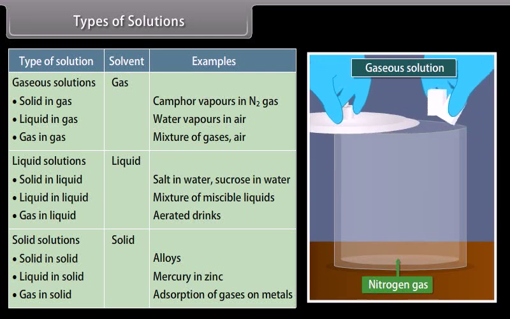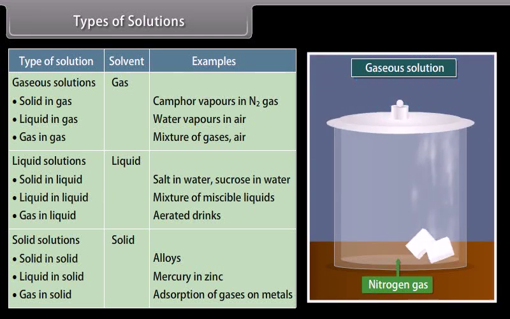They are categorized as follows: solid in gas, for example, camphor vapor in nitrogen gas. Liquid in gas, for example, water vapors in air. Gas in gas, for example, mixture of gases or air.